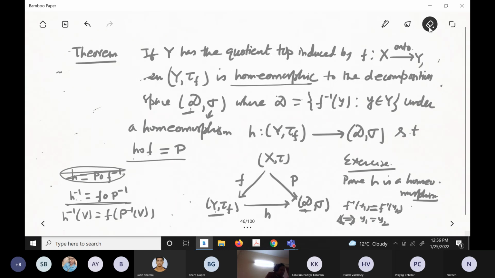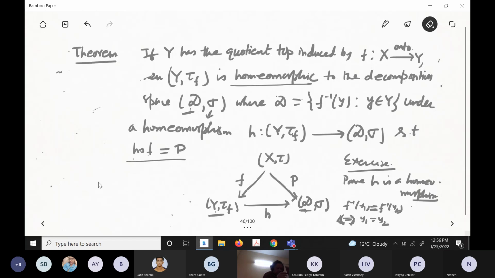Now the thing is, H is a homeomorphism. Now you see that this is an actual quotient space because I did the partition and this is homeomorphic to that. So basically this space can be identified with this.